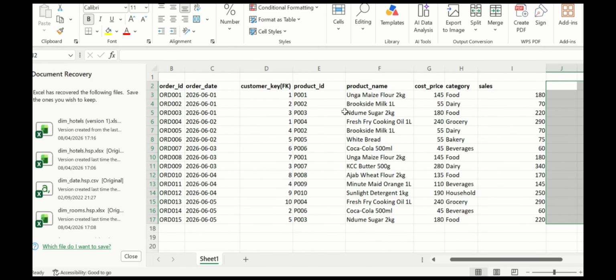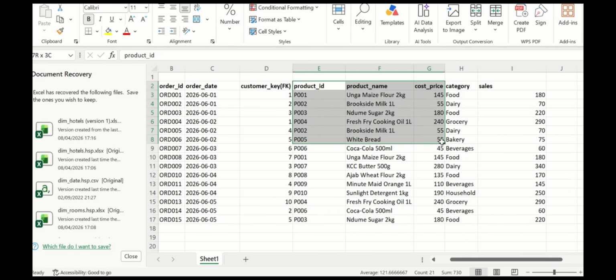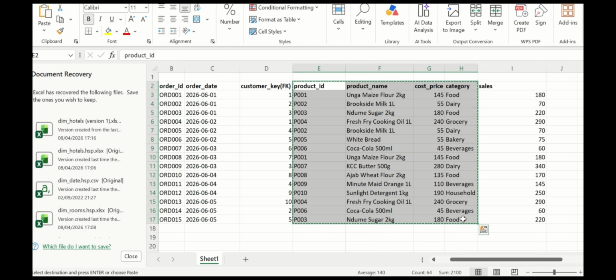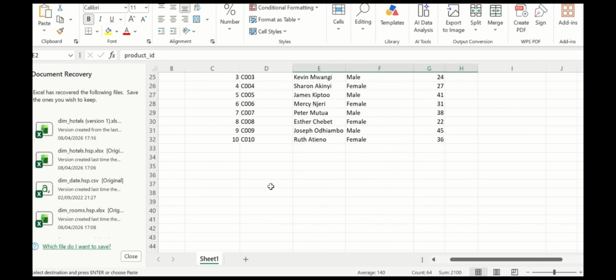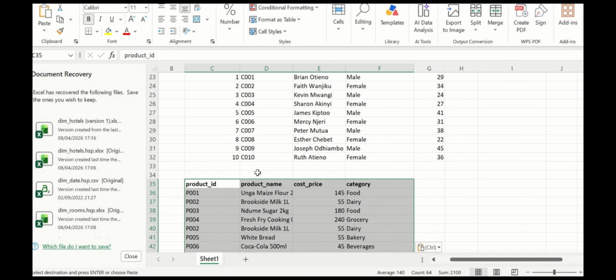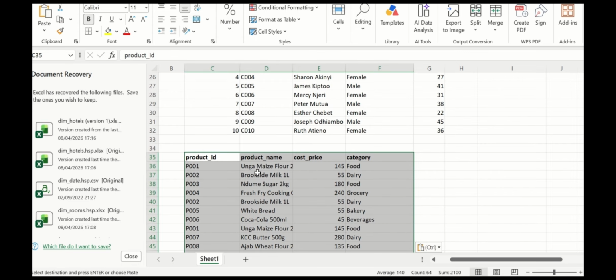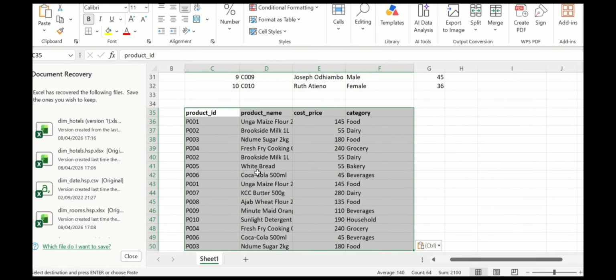That means we're also going to fetch or extract all the data related to products. Copy and then bring it here. This one also we're going to remove all the duplicated products.